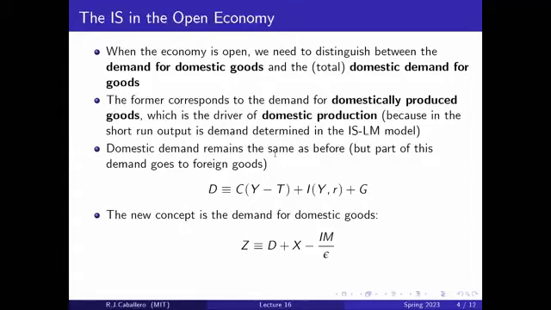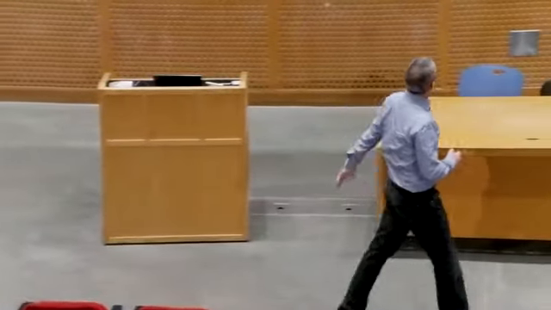This is what residents, US residents, households, firms, government, demand in terms of goods. This is how those same agents, plus the rest of the world, demand of domestically produced goods. That's the distinction. When the economy was closed, they were the same, but now they're not.